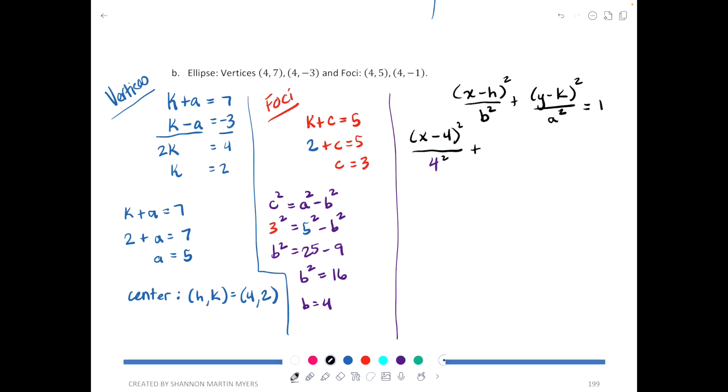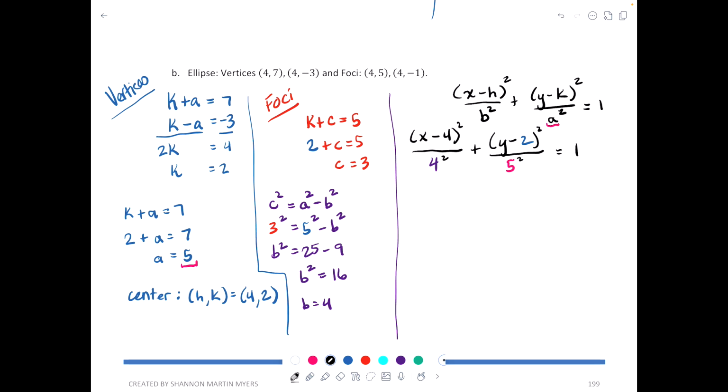And then plus (y - k), k we found to be 2, and that is squared over a squared. A, remember, we also found in the blue. I'll just highlight that one. A was equal to 5. And so this will be 5 squared, and all of that is equal to 1.